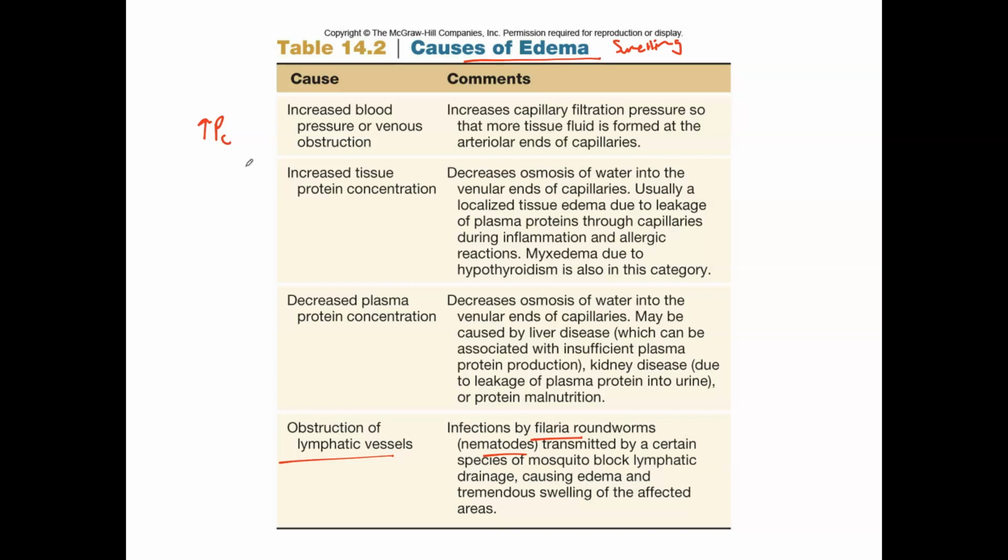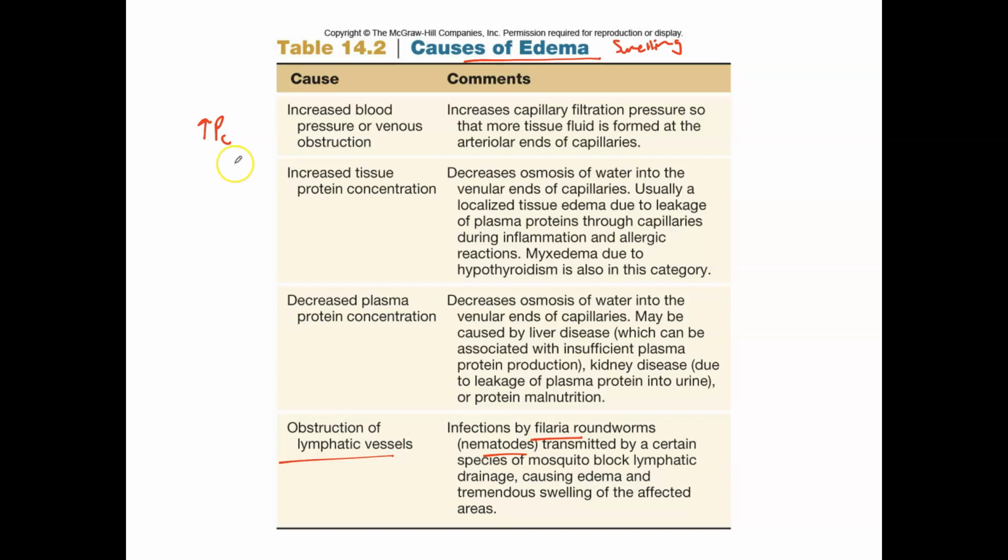That's causing a backup of blood into the venous system, which is going to lead to what we call peripheral edema. Okay, so anything that's leading to hypertension and increased hydrostatic capillary pressure is going to lead to edema in the body.